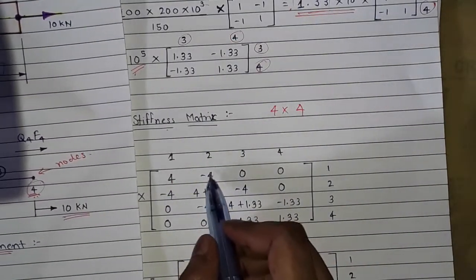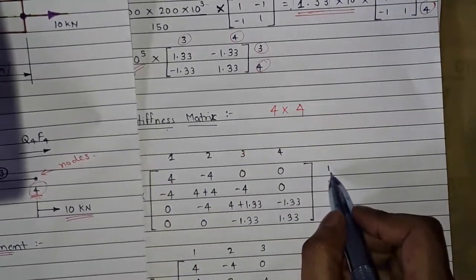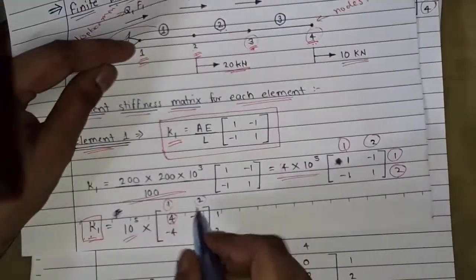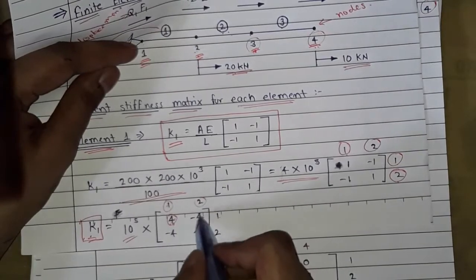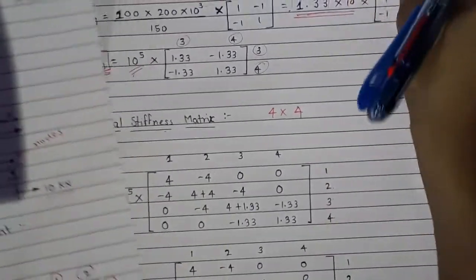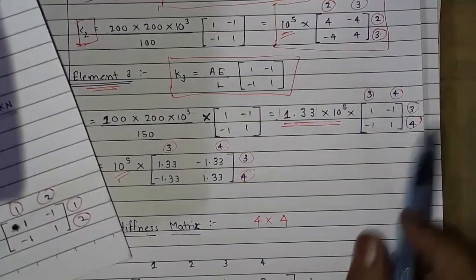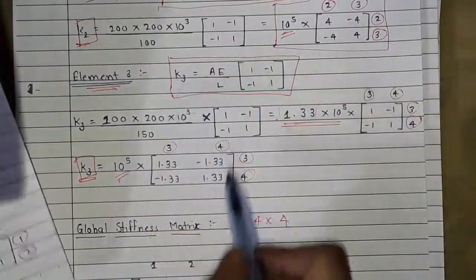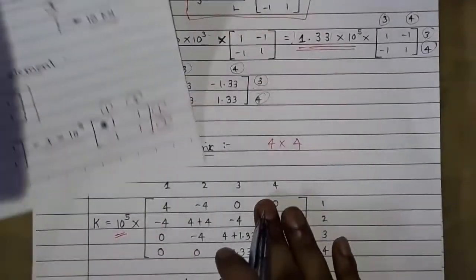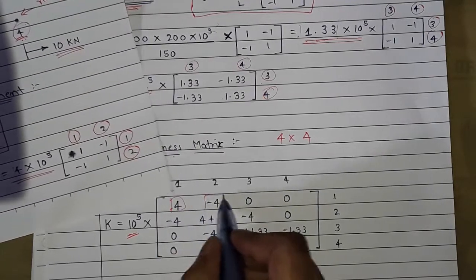Now let's see the second column and first row. Here we have second column and first row, which has value -4. Again see in the other matrices, is there any of second column and first row available or not. Here it is not, here also it is not available, so the value will be -4 in the global stiffness matrix. This one done, this one done.